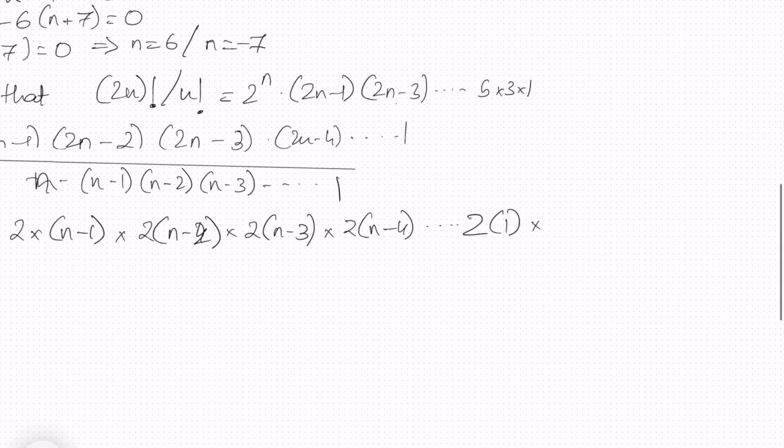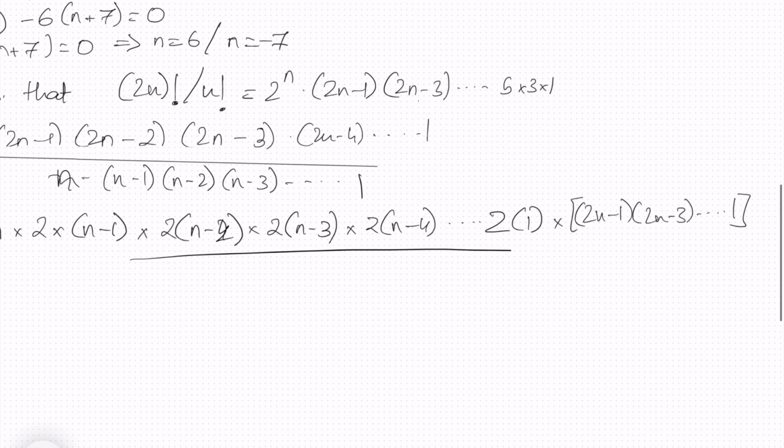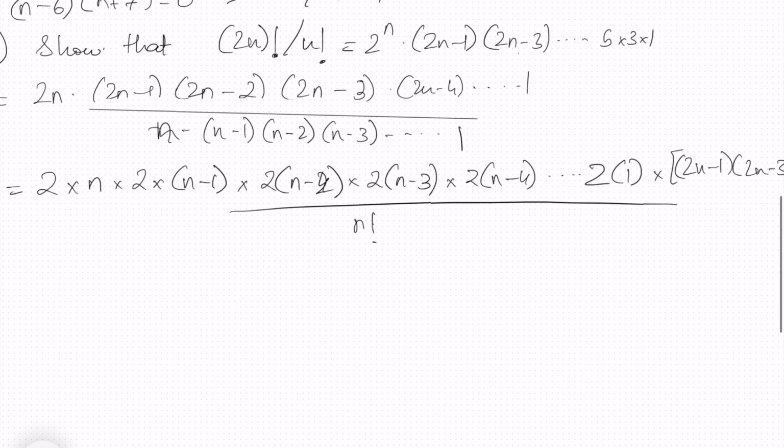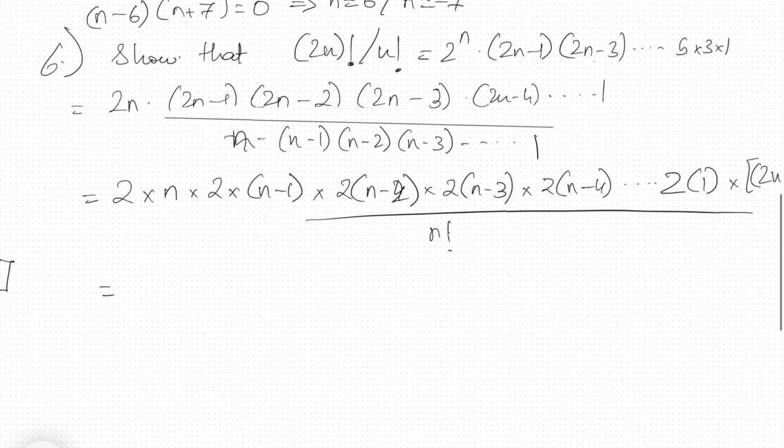into all of the odd terms of the expression: 2n minus 1, 2n minus 3, all the way up till 1, divided by n factorial, instead of expanding the whole expression.